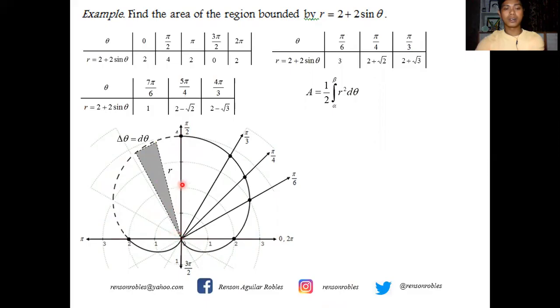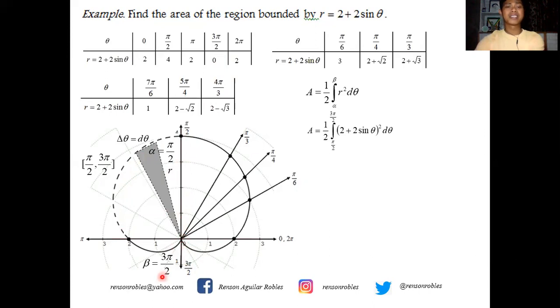This is your theta 1, this is your alpha, and this is your theta 2, this is your beta. So this region is defined on the closed interval pi over 2 to 3 pi over 2, because at 3 pi over 2, the radius vector is 0. So we have alpha is pi over 2 and beta is 3 pi over 2.